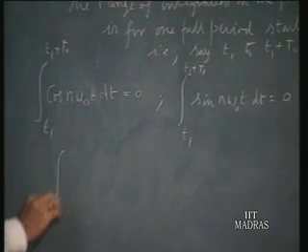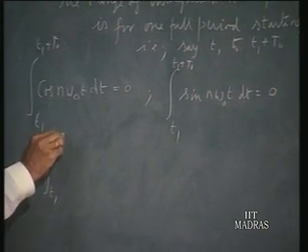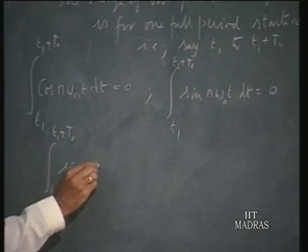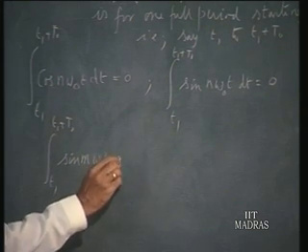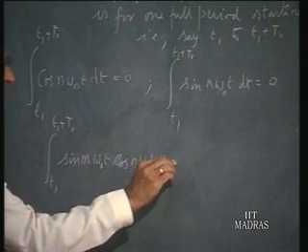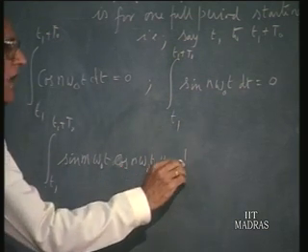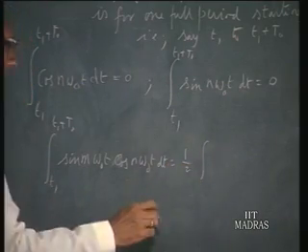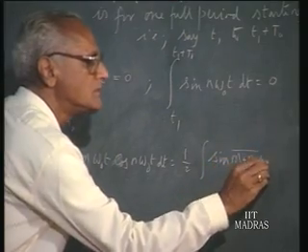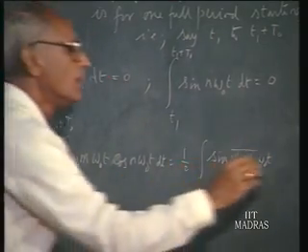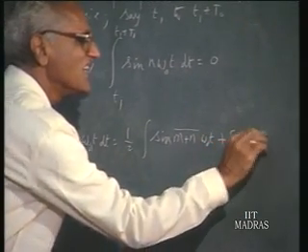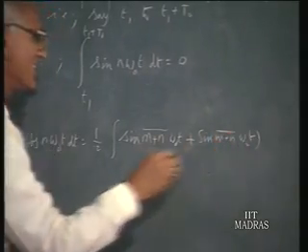Now, if I have a product of a sine function and a cosine function, the integral of sine m omega naught t times cos n omega naught t dt can be expressed as half of, over the same range, the integral of sine (m plus n) omega naught t plus sine (m minus n) omega naught t dt.